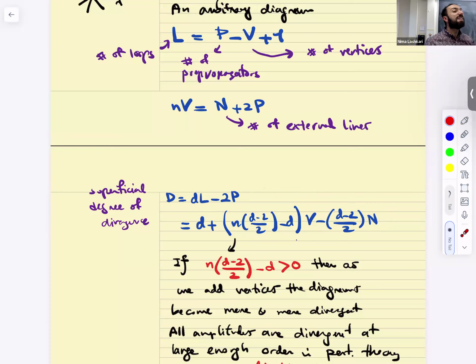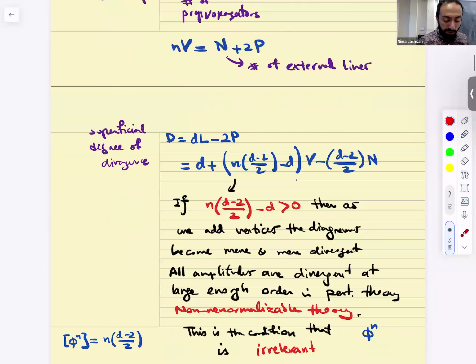That was the very definition of a non-renormalizable theory: all amplitudes are divergent at large enough order in perturbation theory. So all of that will depend on the coefficient of this term.